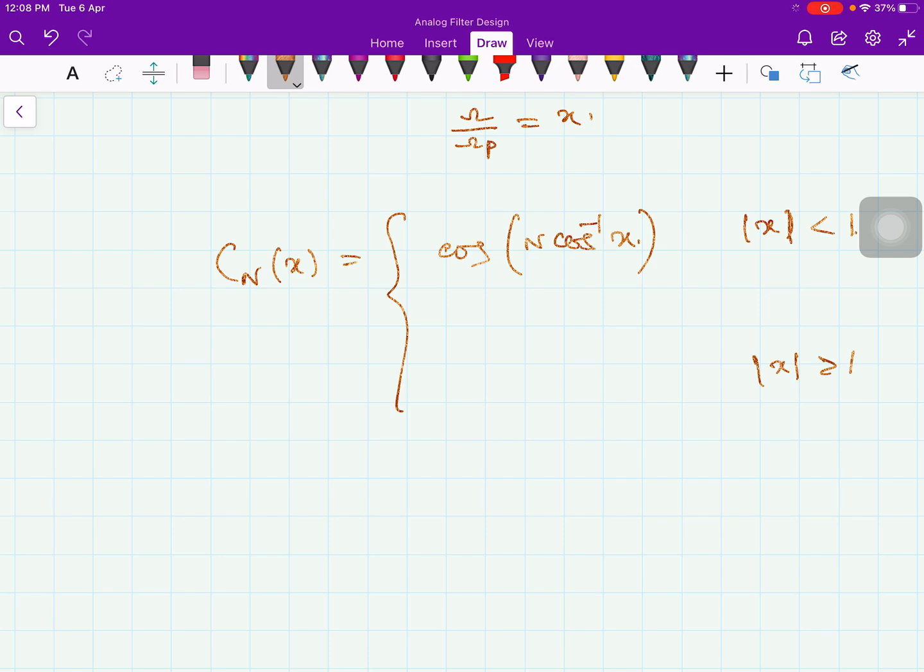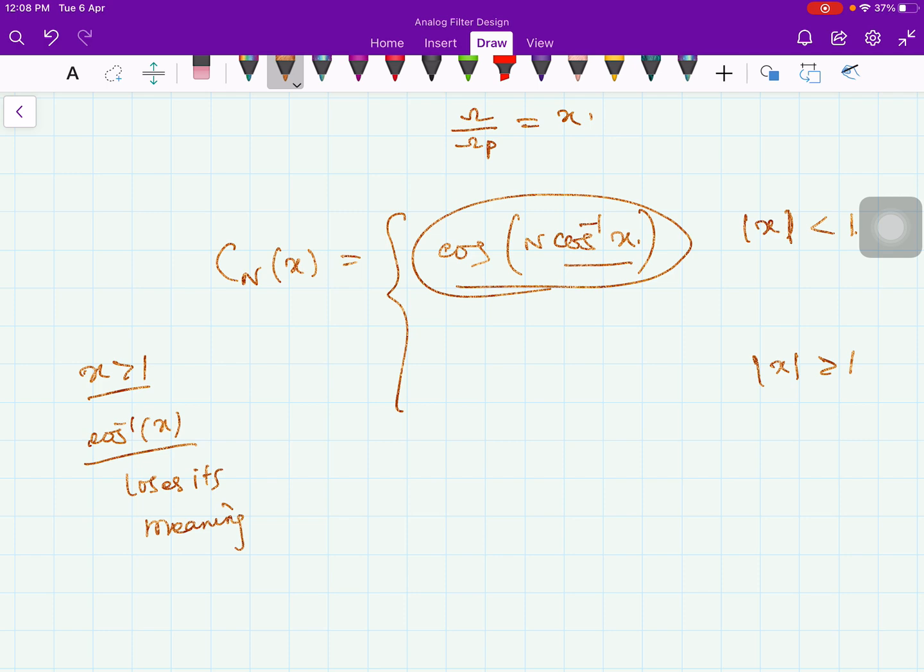When x exceeds 1, the cosine function and the cosine inverse lose their meaning. It is meaningless to write the same formula when x is greater than 1.